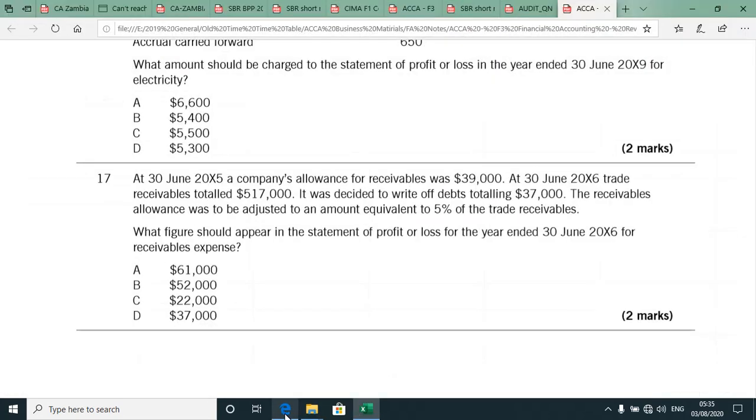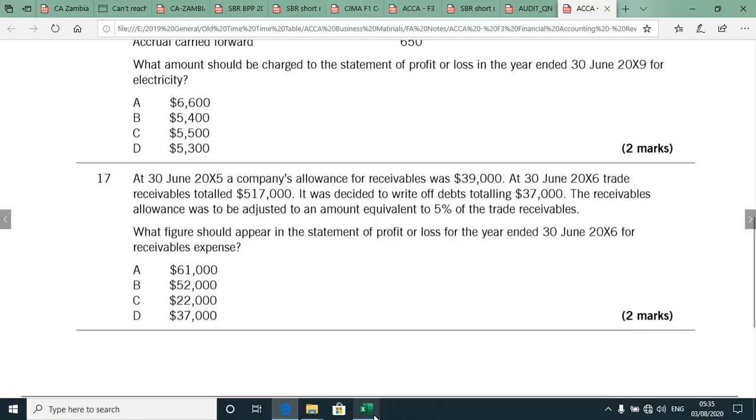Can I read that one? At 30th June X5, the company's allowance for receivables was 39,000. That's the opening allowance. At 30th June, trade receivables totaled that much, 517. It was decided to write off 37,000. The receivable allowance was to be adjusted to an amount equivalent to 5% of the trade receivables. What figure should appear in the statement of profit or loss for the year ended 30th June X6 for receivable expense?